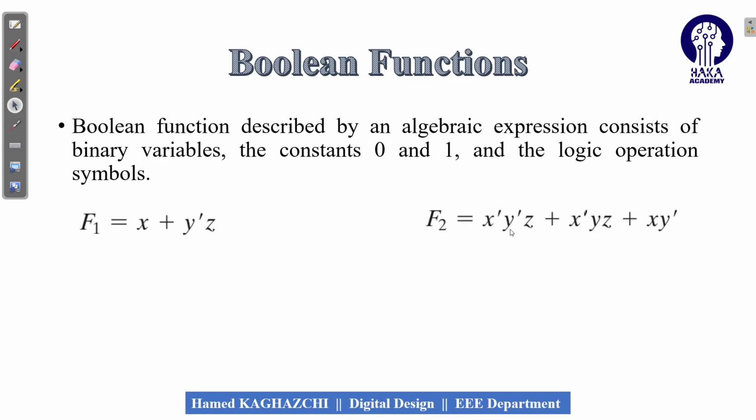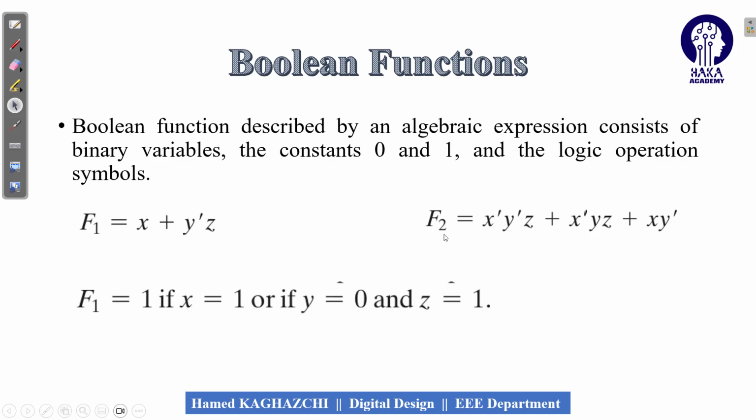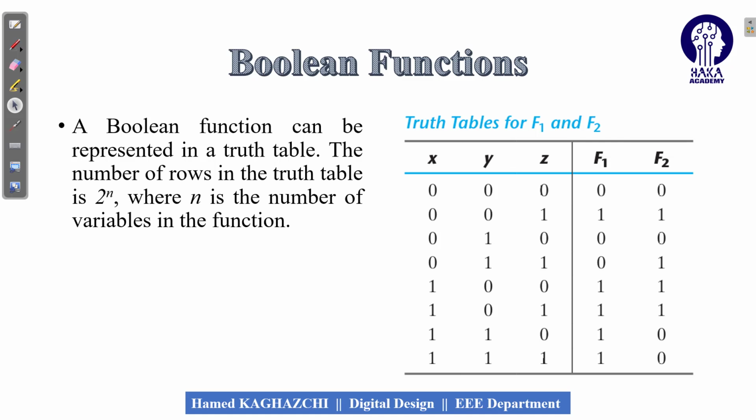In this case, we have to draw the truth table, because without the truth table, we cannot find when f is 1 and when it is 0. So if we draw the truth table of the function and expand it, I can find f2 and also f1.